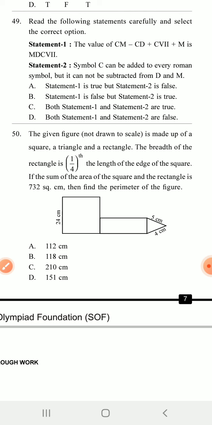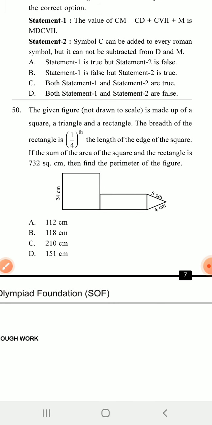First find the side of the square, and then find the sides of the rectangle, and there is a triangle there. So find all the sides and add all the sides, because you know that in the case of perimeter you add all the sides, and you can get the answer 50. 50D is the answer.